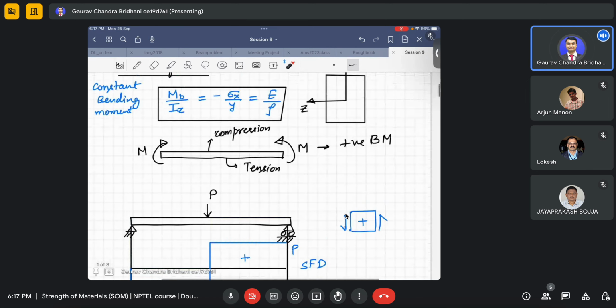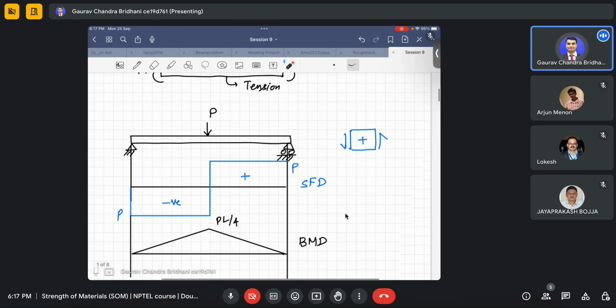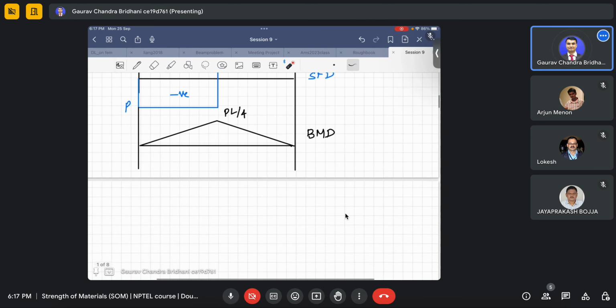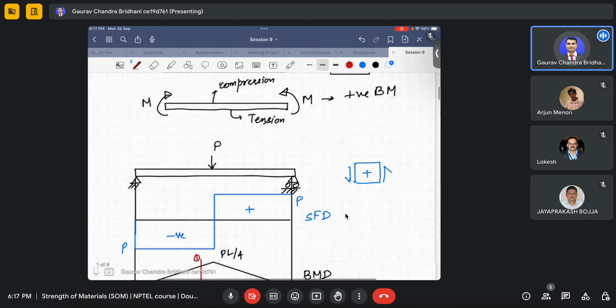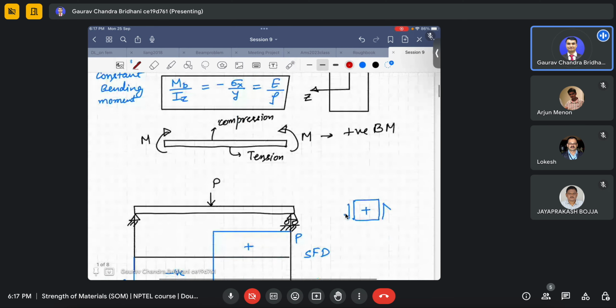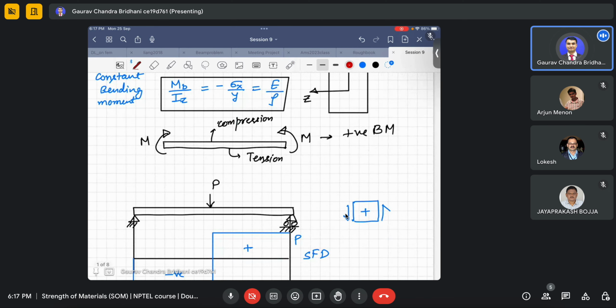You just have to choose which cross section you are applying these equations to, and accordingly choose the MB. Suppose I call this section 1-1. Whatever the bending moment is at 1-1, you can find using this bending moment diagram, insert that value in MB, and subsequently find the sigma value, with IZZ remaining for the cross section.